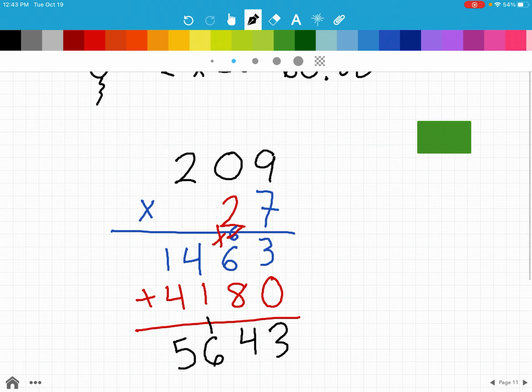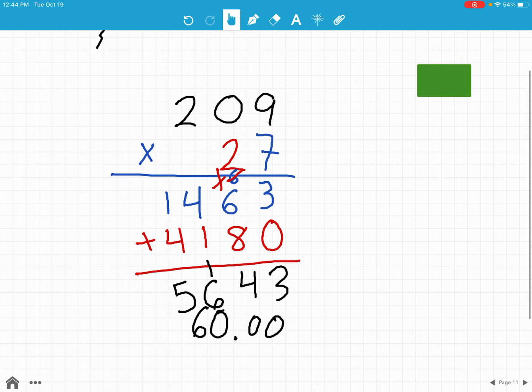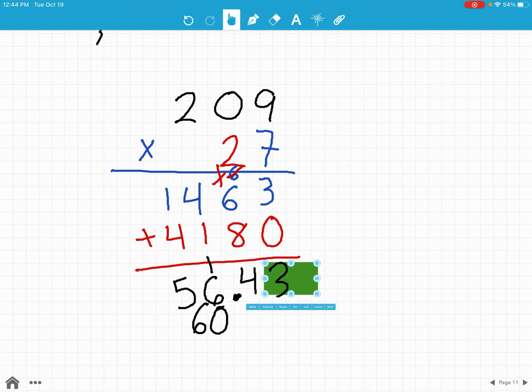All right, so where does the decimal go? Again, if we take a look at this, you can see where the decimal goes. It's going to go right here. We can also, if we didn't have the zeros here, see that that is too much.